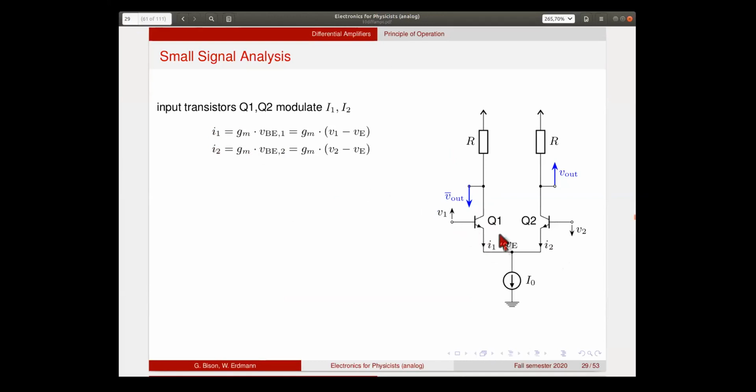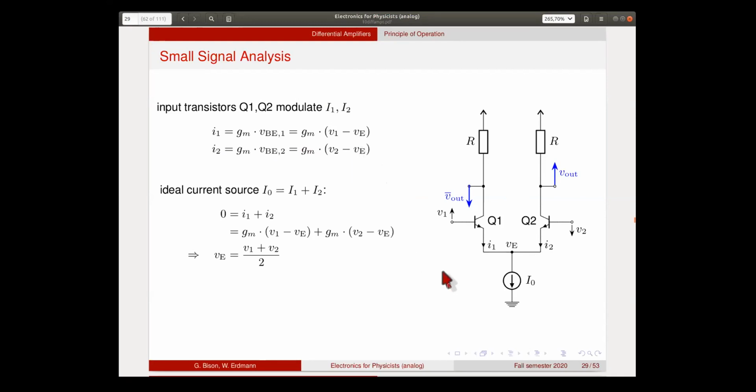So now the current in the left branch is given by the GM of the left input transistor multiplied by the base emitter voltage, and the base emitter voltage is the difference between this voltage and this common emitter voltage here. And we have the same thing for the second transistor, assuming they both have the same GM.